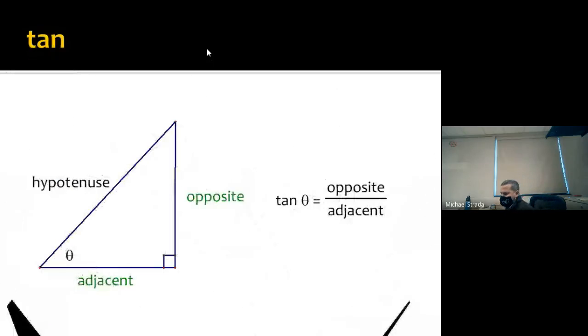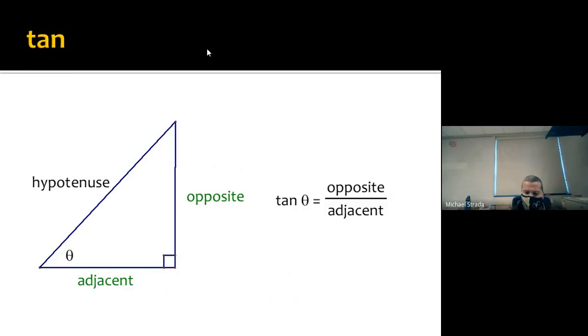And then finally, tangent is defined as opposite over adjacent. All right?